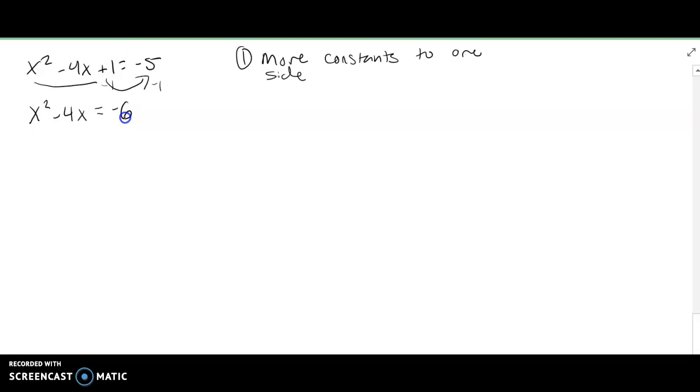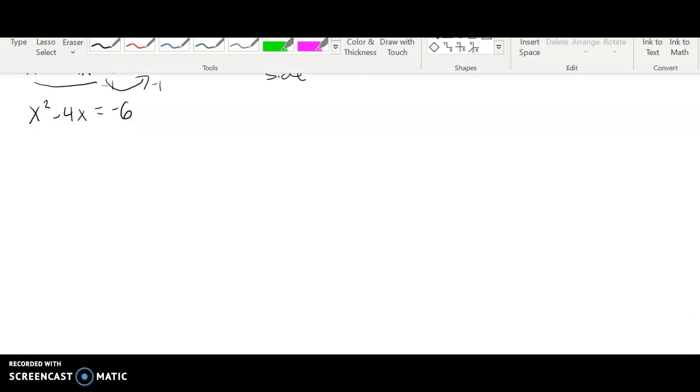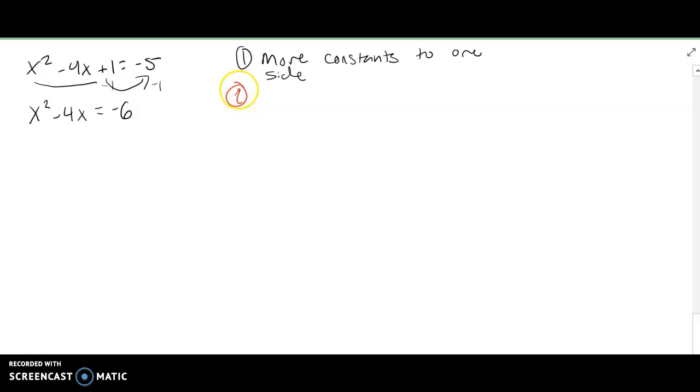Now we need to complete the square. We're going to use b over 2 squared. In this case, b is equal to negative 4.